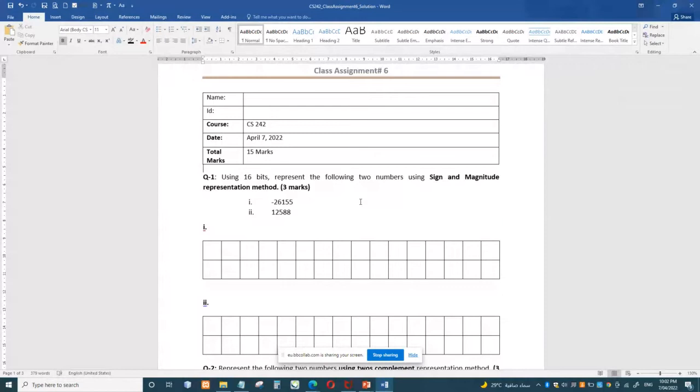So we'll use the sign and magnitude representation method for representing the number minus 26,155. This is a negative number. And as you know, in sign and magnitude representation, the leftmost bit we use for the sign.